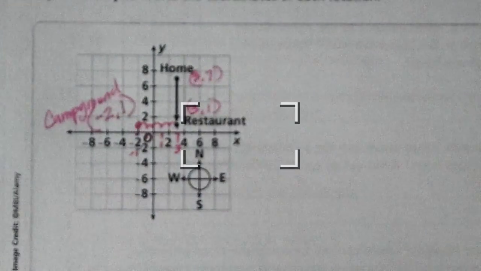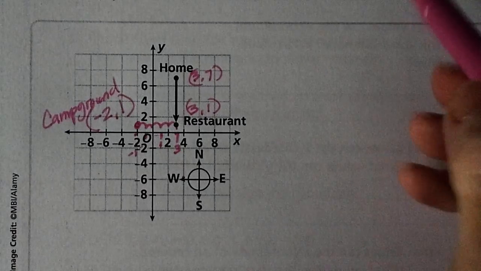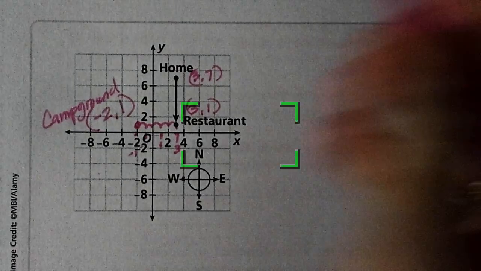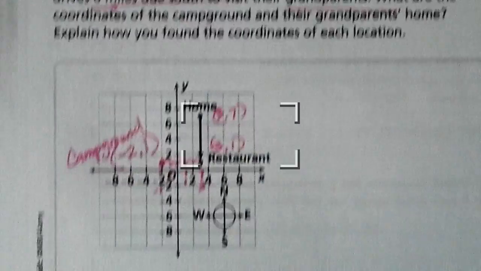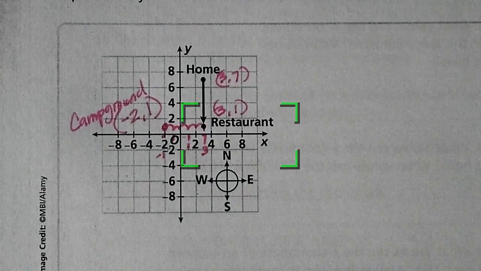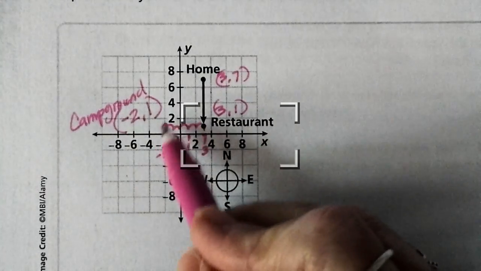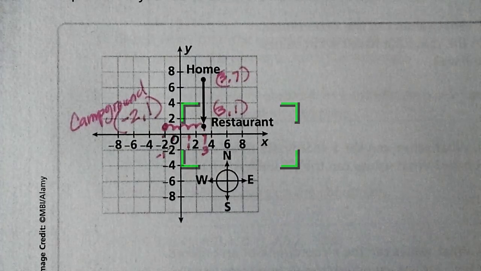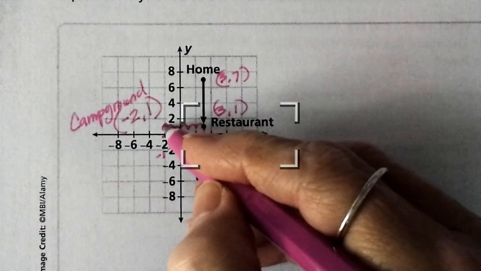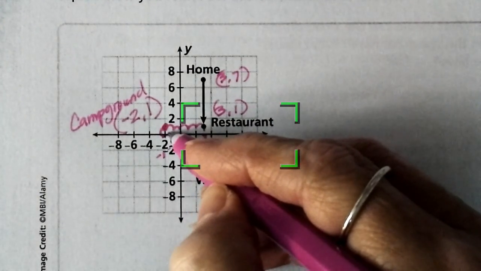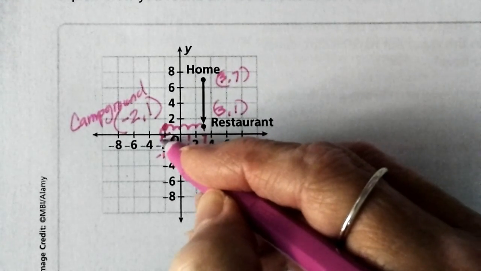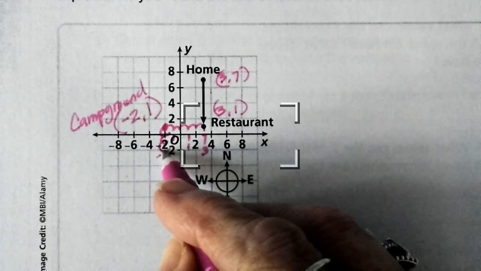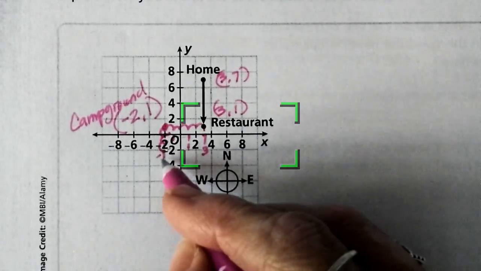Then from the campground, they go 6 miles south to visit their grandparents. So once again, we're in the middle again. We're going to count 6 places. We're going to go from 1 to 0, so that would be 1. Back to 1, which would be 2. Back to 2, which would be 3.